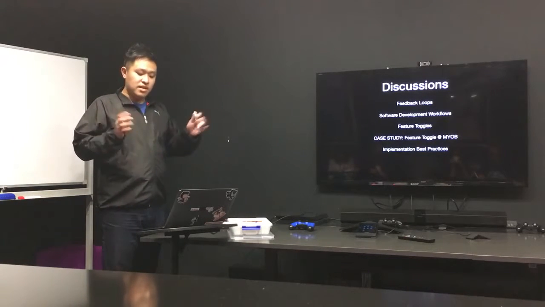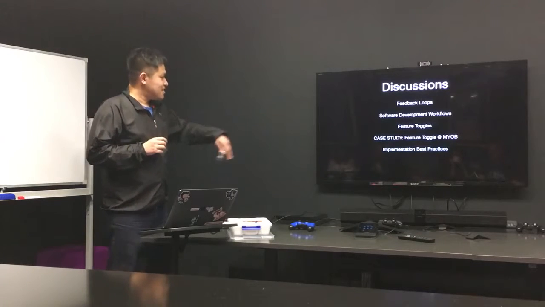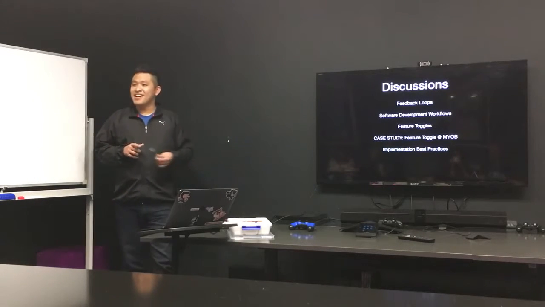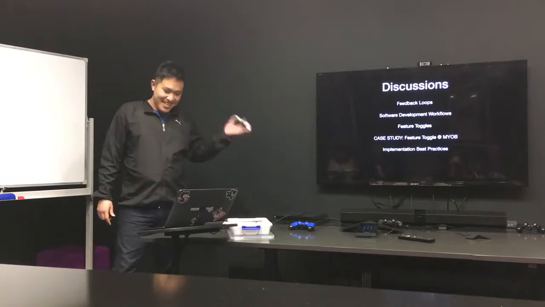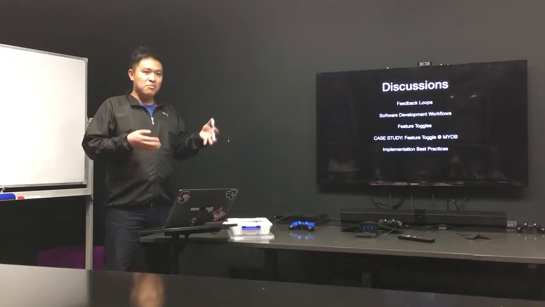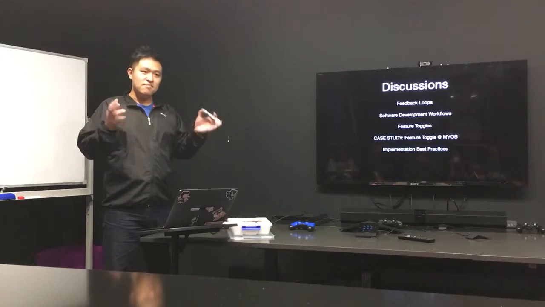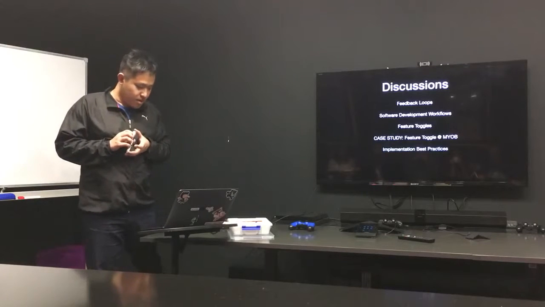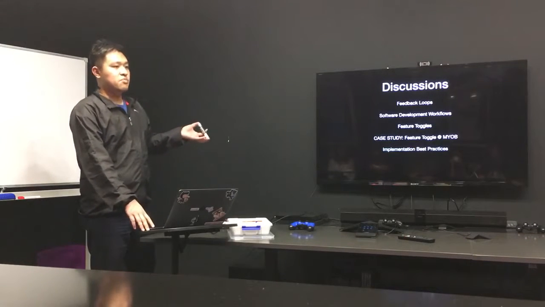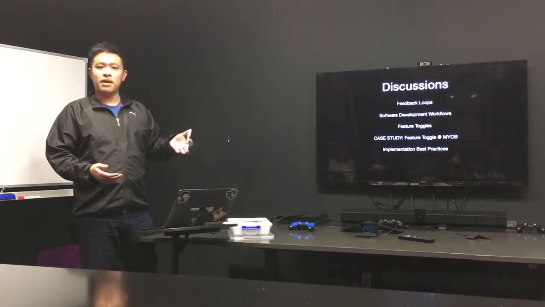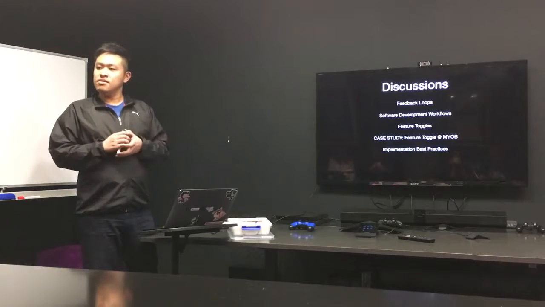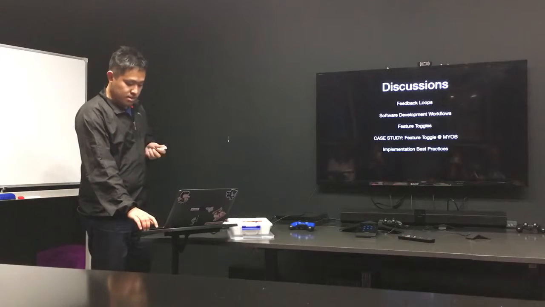So if there's still anyone left in this room by the time I finish feature toggles, I will share with you how we used it in the Bumbleknots team, the partner dashboard accounting tab team, and then some implementation best practices that we have learned by making mistakes and learning from those experiences.